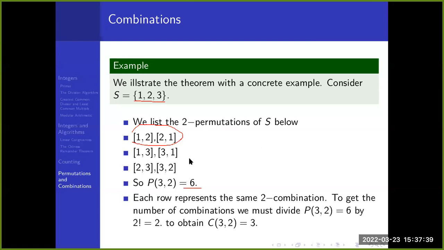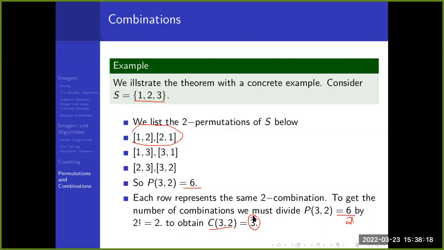So if you want to find the number of combinations, you have to divide by the number of ways any of these permutations can occur. So like this first permutation has 2 elements, it can occur in 2 factorial ways, right? So each of them can occur in 2 factorial ways. So you'll have to divide 6 by 2 factorial to obtain the number of 2 combinations from a set with 3 elements. So you'll end up with 3.